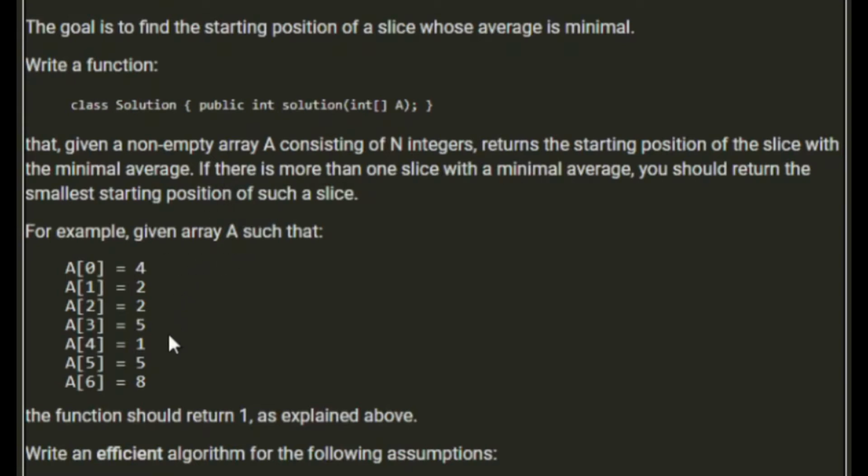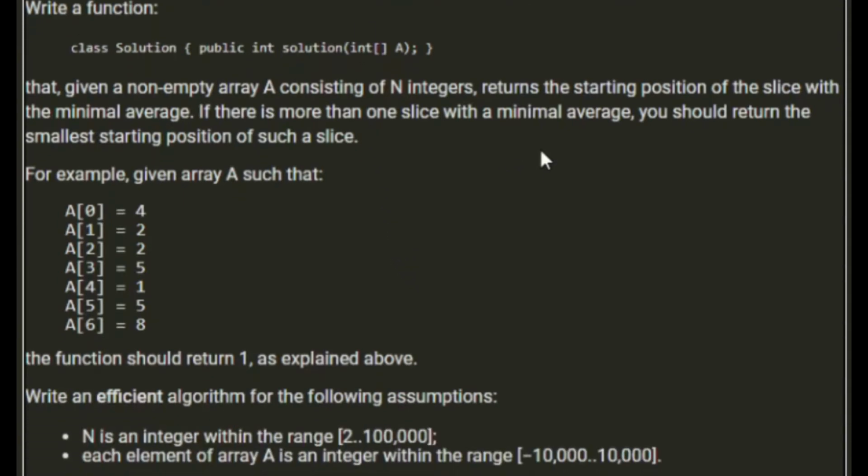For example, given this, the function should return 1. So write an efficient algorithm for the following assumptions. N is an integer in the range of 2 to 100,000, so we have at least 2 entries in the array. It could be up to 100,000 entries. And each element of the array is an integer within the range of minus 10,000 and 10,000.